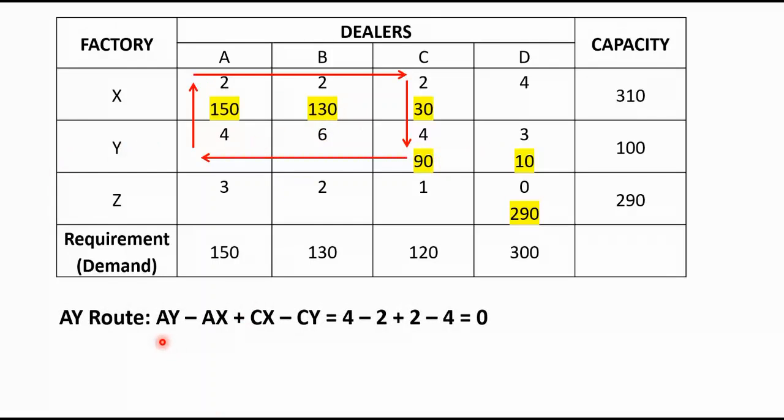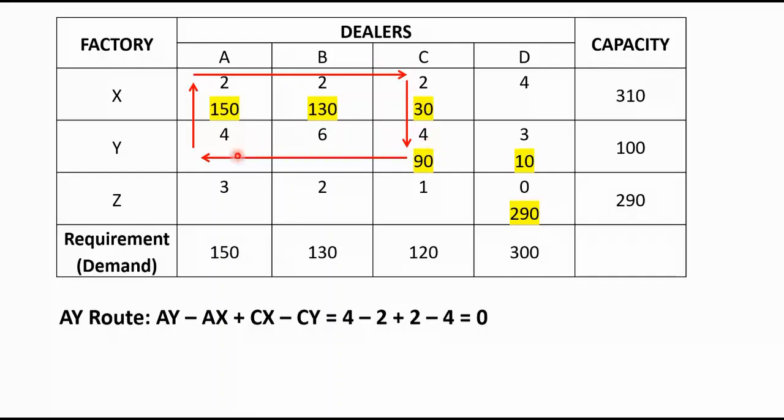So we have positive AY minus AX plus CX minus CY equals 4 minus 2 plus 2 minus 4, and that is equal to 0. So since we have a 0 index still, we don't need to make any revision for this particular loop.